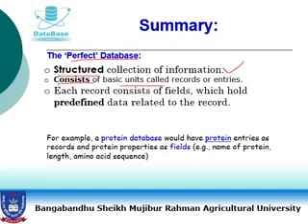For example, if we consider a protein database, it would have the protein entries as the records and protein properties as the fields. Suppose name of protein, length, amino acid sequences, all of these are fields, and each of the fields may contain the data value.